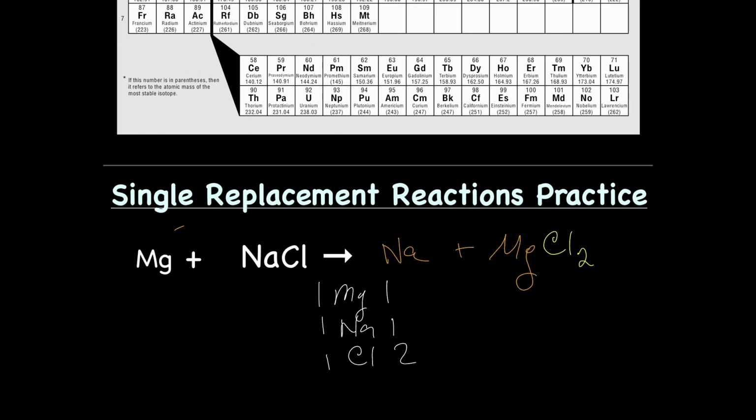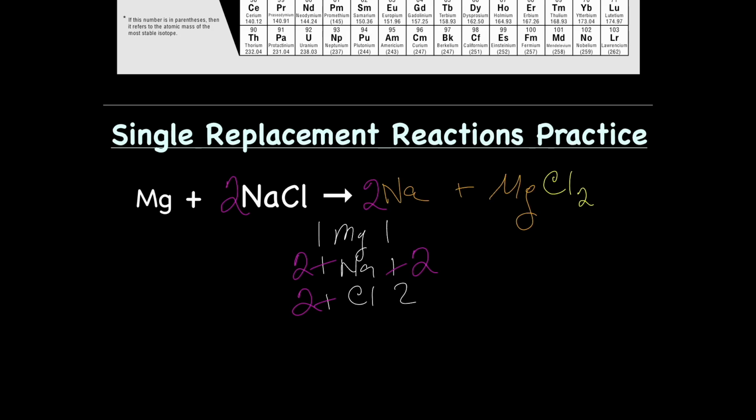So magnesiums and sodiums look good. Chlorine, not so much. We need another chlorine on the reactant side. So we'll put a 2 in front of NaCl, giving us 2 sodiums and 2 chlorines. So while fixing the chlorines, we messed up the sodiums. But if we put a 2 here, now we're good.